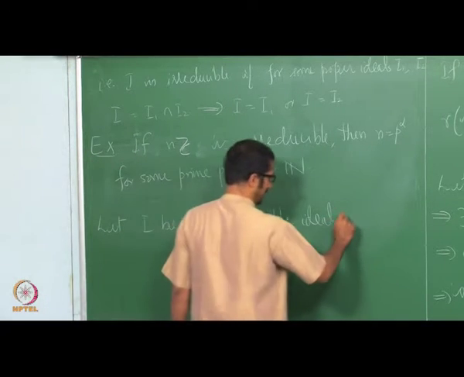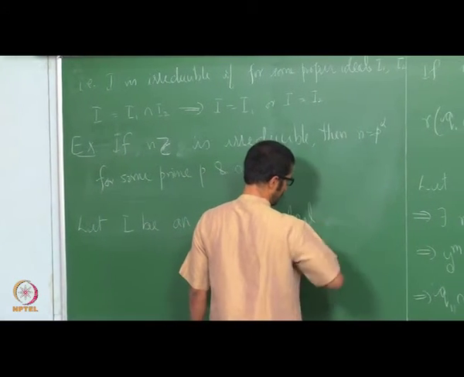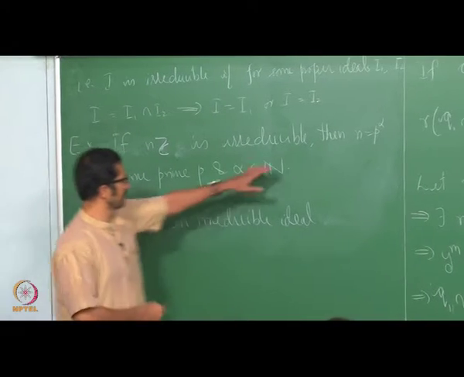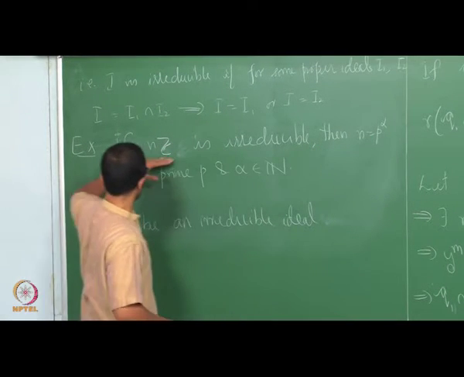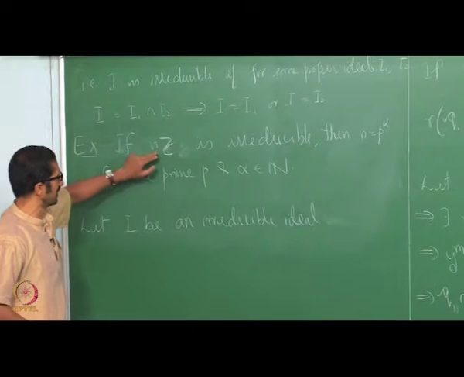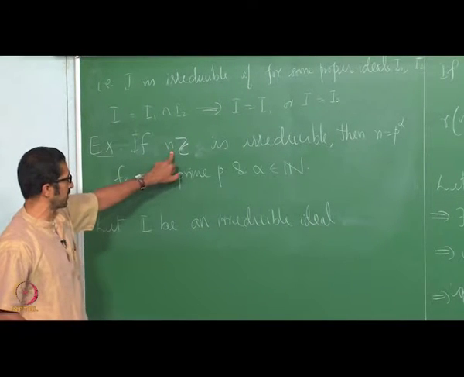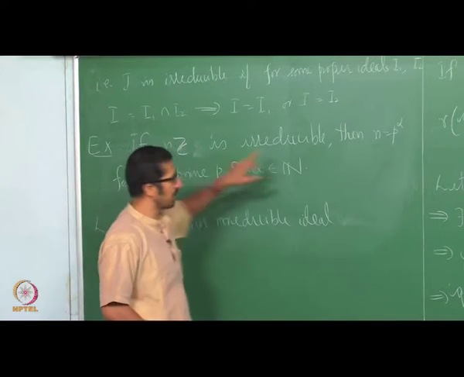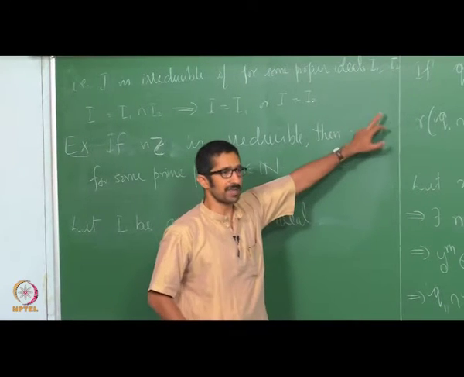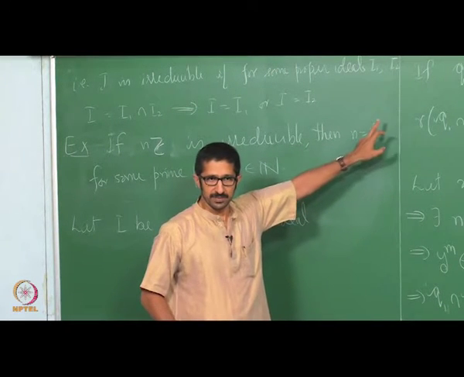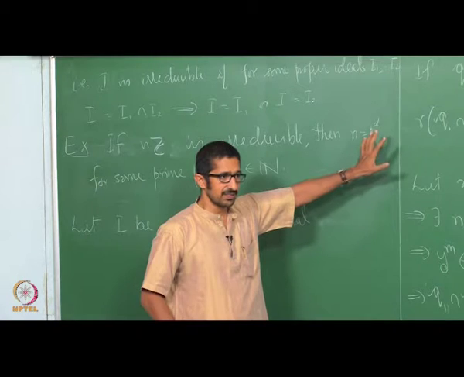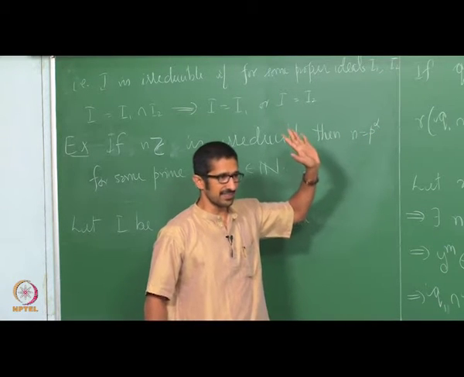Okay. So the question is, in the case of Z, the irreducible ideals are all the same as primary ideals, right. But Z is a PID.